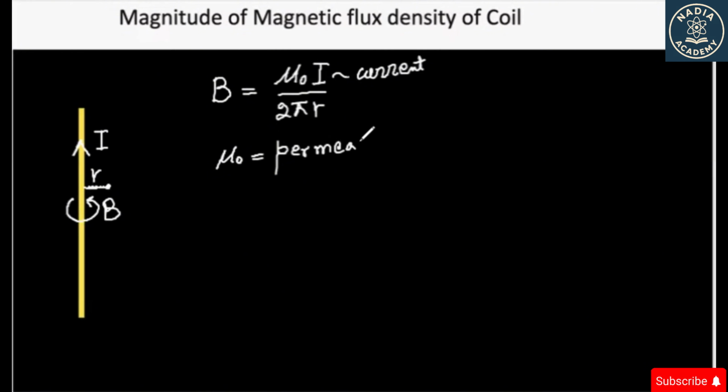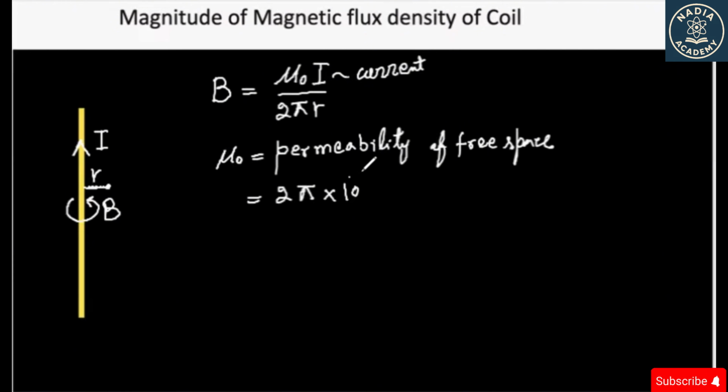This permeability of free space is a constant value, and its value is 4 times pi times 10 raised to power minus 7 Tesla meter per ampere.